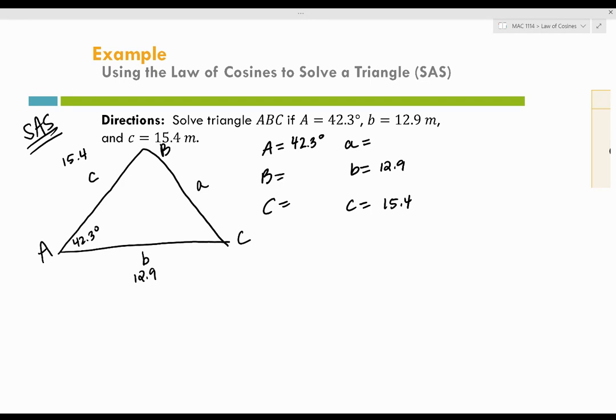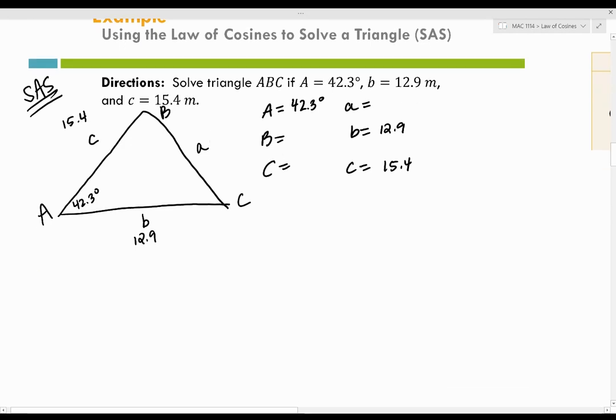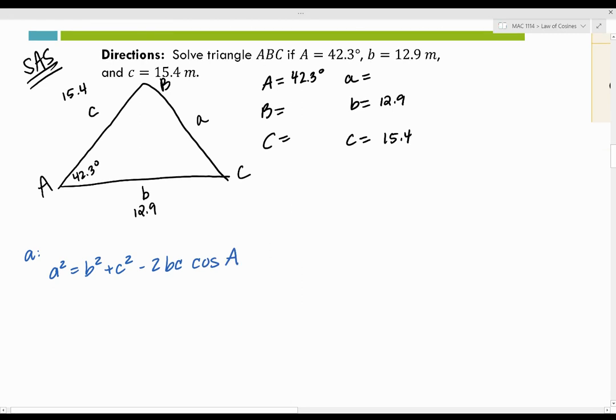That would be A for us. So I'm going to find A. The law of cosines says if you're looking for A, then A squared equals B squared plus C squared minus 2 times B times C times cosine of A. So I'm going to plug in the information that I have: 12.9 squared plus 15.4 squared minus 2 times 12.9 times 15.4 times the cosine of 42.3.